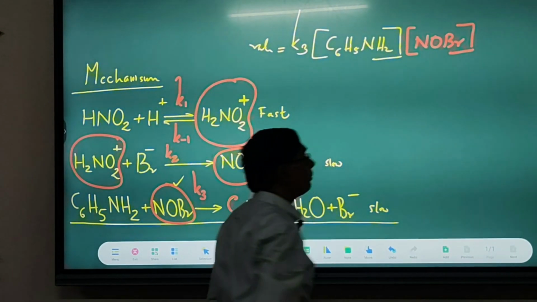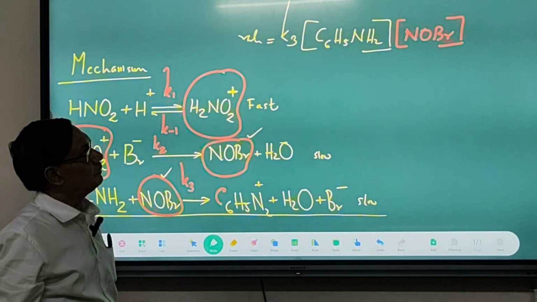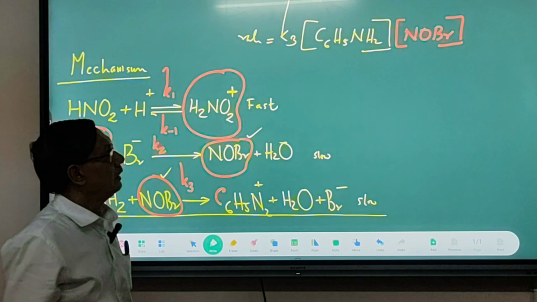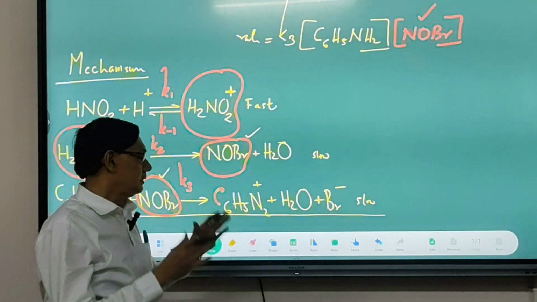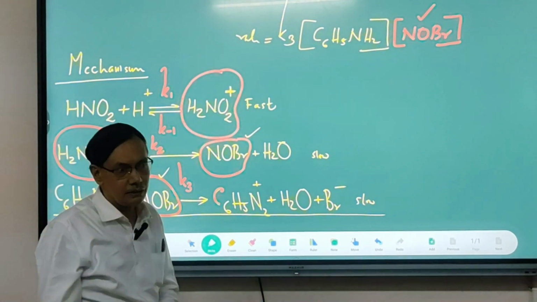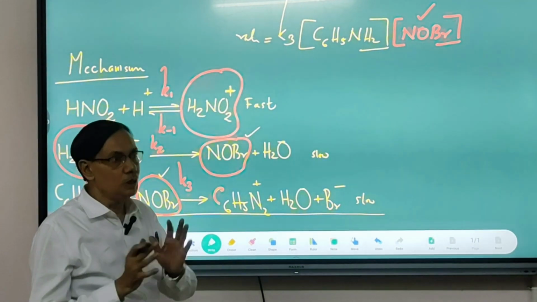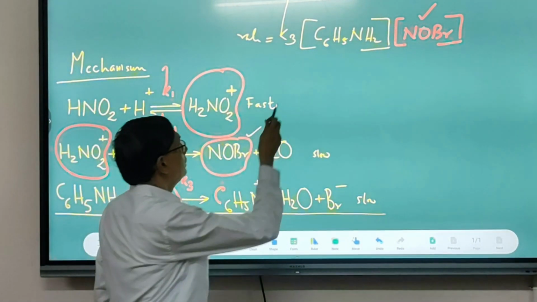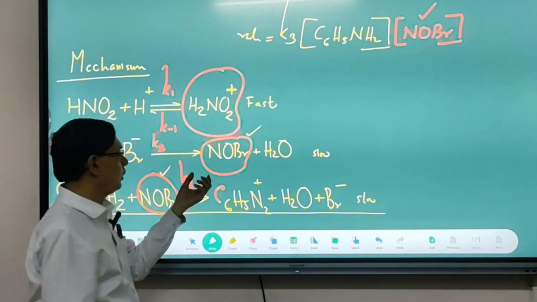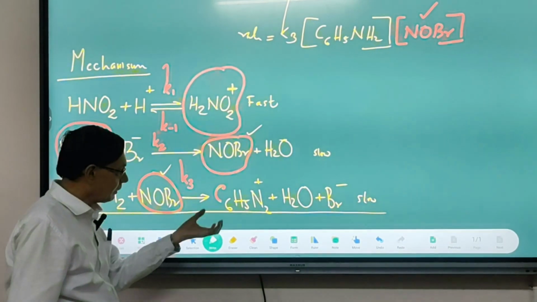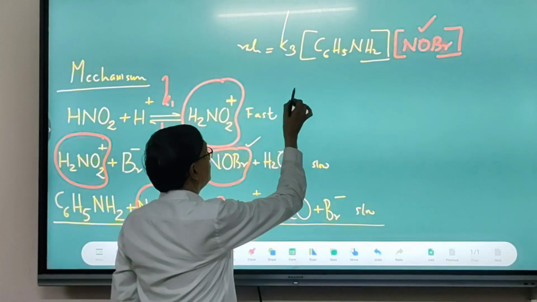So now the role of steady state approximation means I have to eliminate NOBr, and as per the steady state approximation, the concentration of the NOBr must be 0 or constant. So what do I have to do? I have to substitute the value of NOBr from that mechanism into this equation.